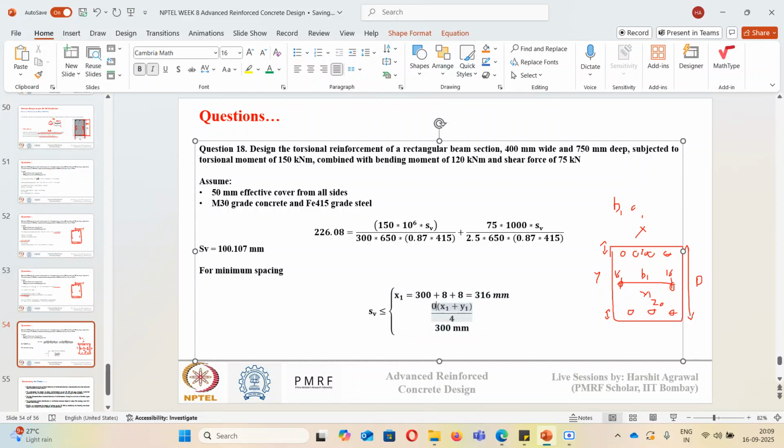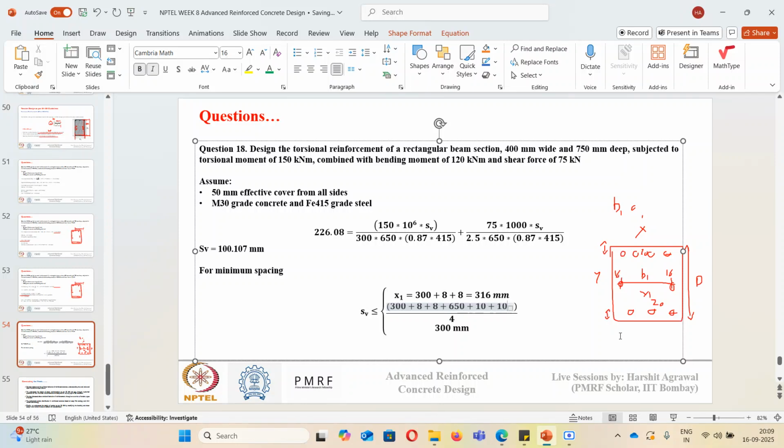Similarly, what will be my y1? Here I will write 650 plus, since I'm using 20 mm, 10 plus 10.